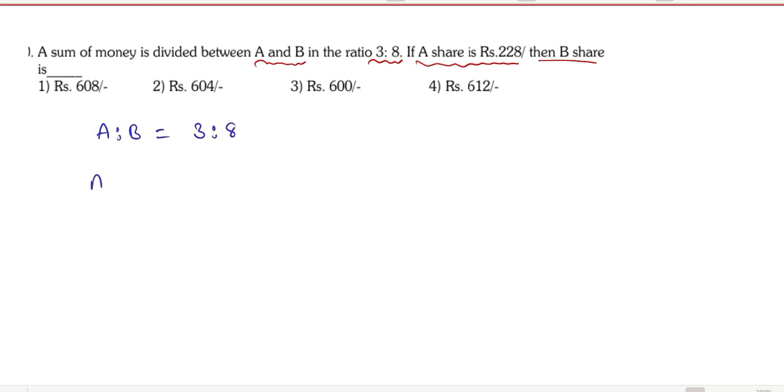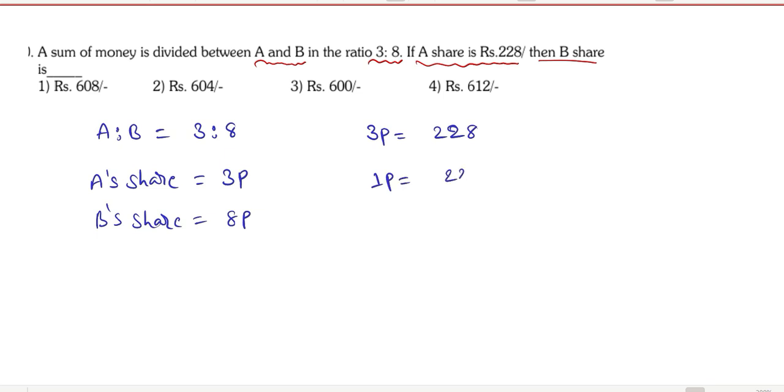As per the ratio, A's share is 3 parts and B's share is 8 parts. But as per the question, A's share, that is 3 parts, is equal to 228. So one part will be obtained by dividing 228 by 3. 3 ones are 3, 3 sevens are 21, 1 left, 6. So the one part value we got is 76.